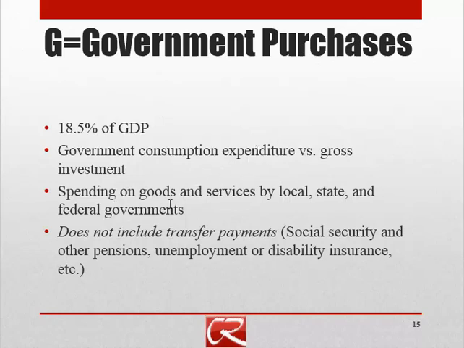The idea here is that if the government hires someone to do a job, or if it buys some asphalt to put down on a road, or if it buys a battleship, or who knows what else, then it has used up tangible goods directly. On the other hand, if the government pays someone a social security check, or an unemployment insurance check, or a farm subsidy, or something like that, then it hasn't directly used up resources.